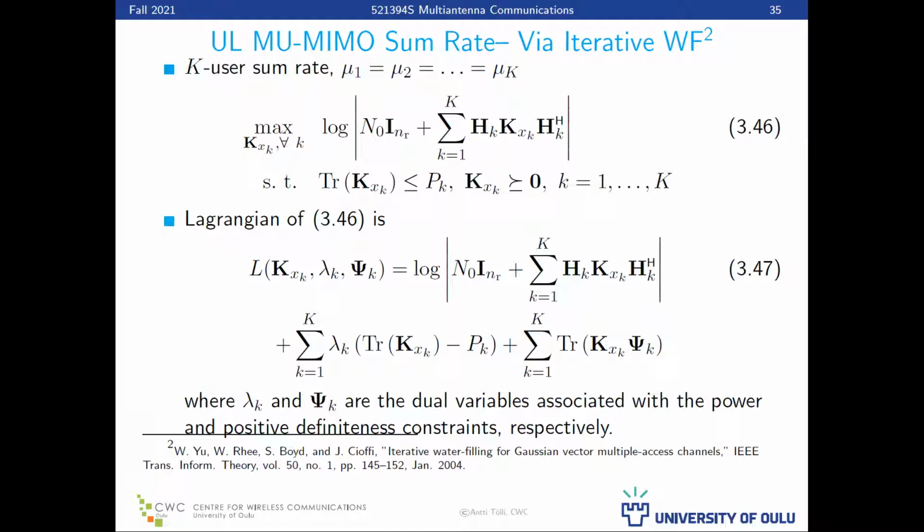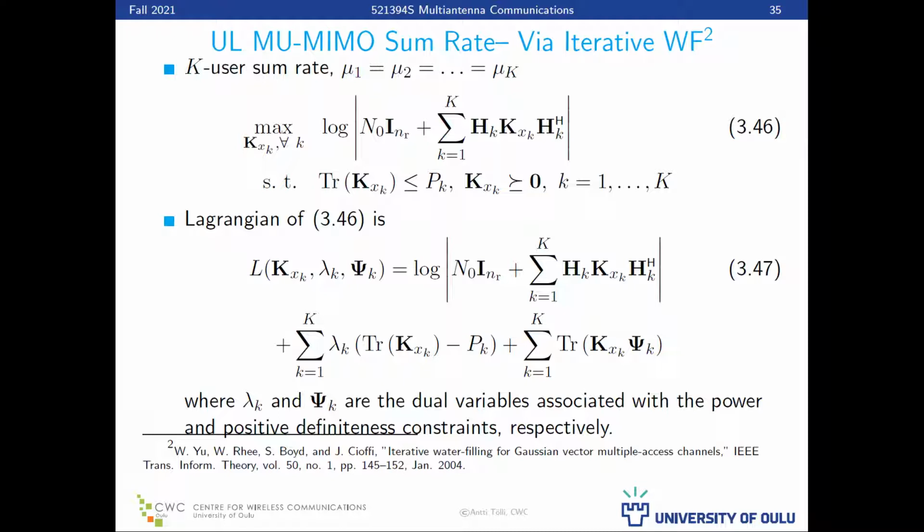We have the objective, and then we have relaxed the constraints into the Lagrangian function by assigning these dual variables. For the positive semi-definite constraints, we have the dual variable also PSD.